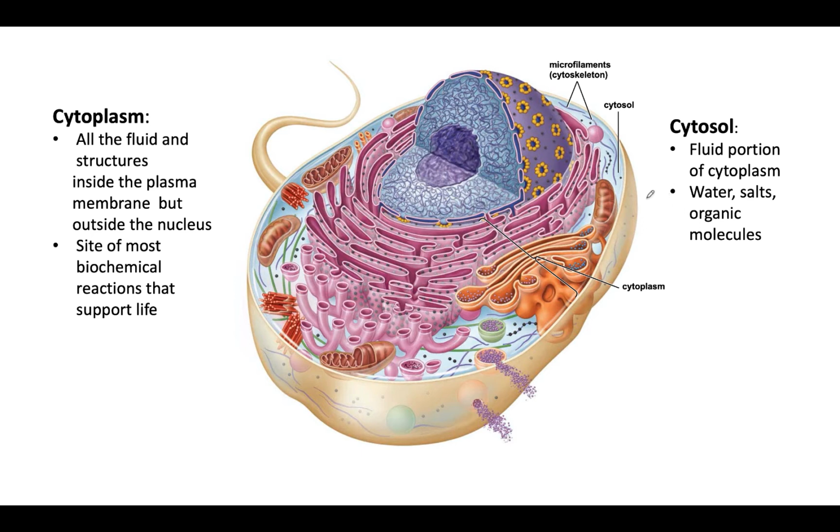Cytosol is the fluid portion of cytoplasm. When you look at this cytoplasm space, all space is filled with something, some molecules, macromolecules, and even some liquid state. Therefore, the fluid portion of cytoplasm is called cytosol.